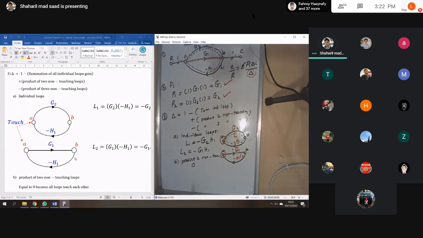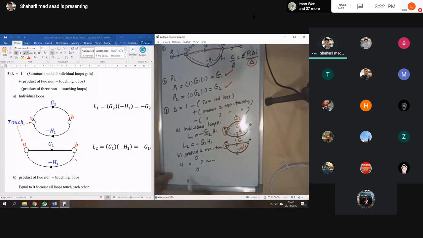Okay, and then C, product of 3 non-touching loop, of course lah you tak ada juga. Okay, right, this one clear? Okay, then the final one you can find delta 1 minus L1 plus L2. Okay, that's it.